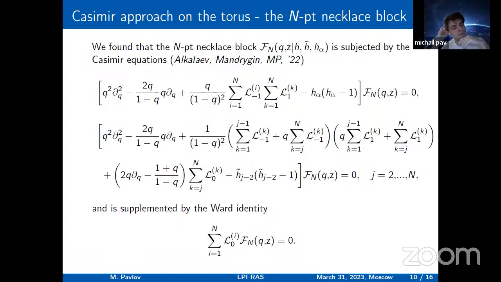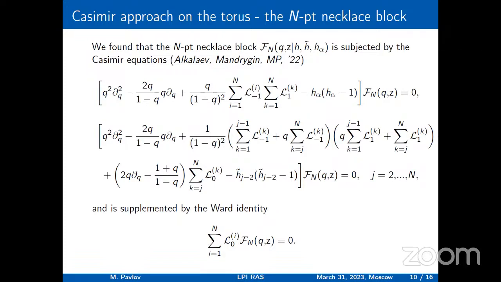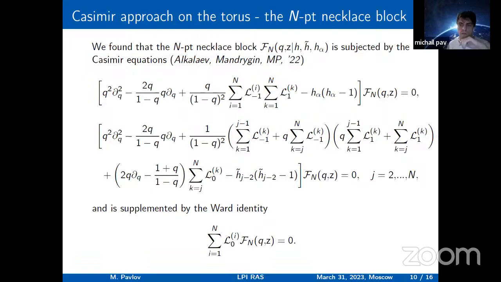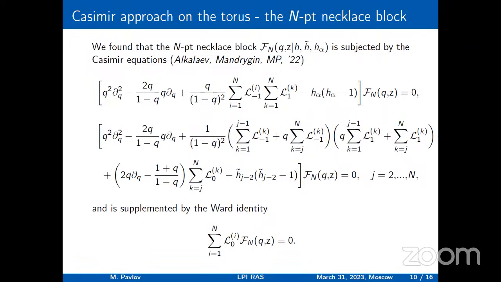I mean, there are a lot of SL2 subalgebras in the Virasoro algebra. You can take L_n and L_{-n}, and the commutator of these two operators gives you L_0. So you obtain a triple of operators of an SL2 algebra.